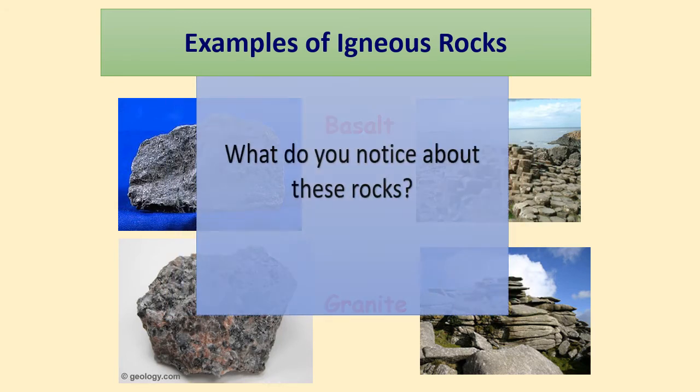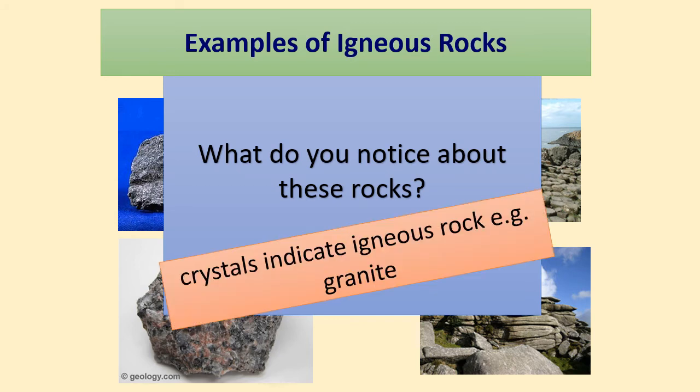Now when you look at those rocks closely, you would see that inside them you can see crystals. So the minerals are very crystalline, and so they have a bit of a shine whenever you rotate them in the light. They'll reflect the light back. So crystals indicate that a rock is igneous.